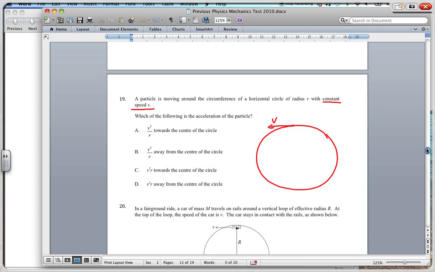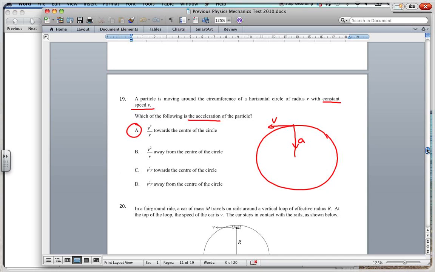Which of the following is the acceleration of the particle? I hope all of you would straight away be able to say that. Because it's a constant speed, it's not accelerating in the direction of movement, but it's accelerating inwards because of the change in direction. So it would be that over there.